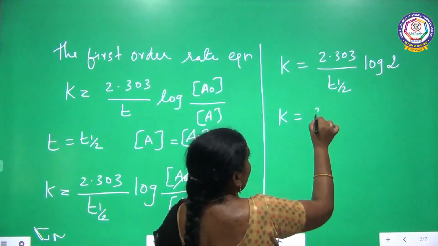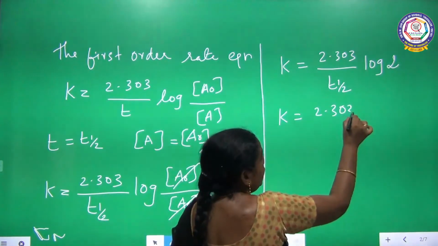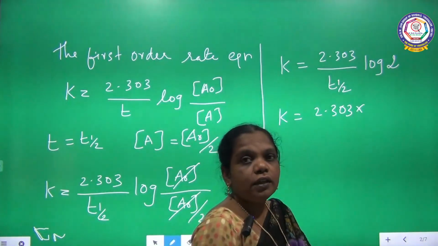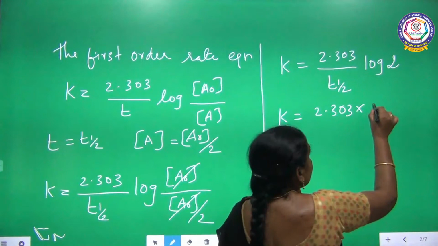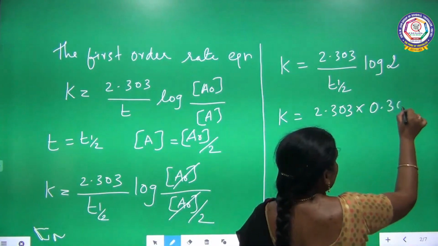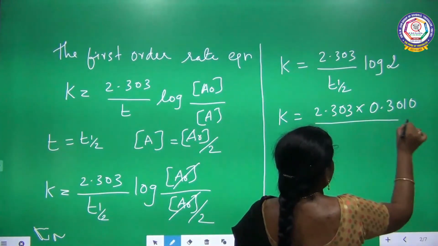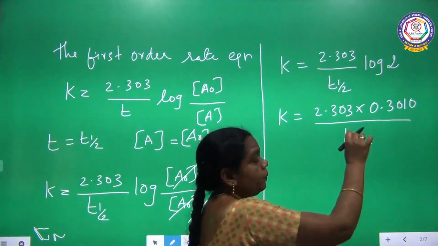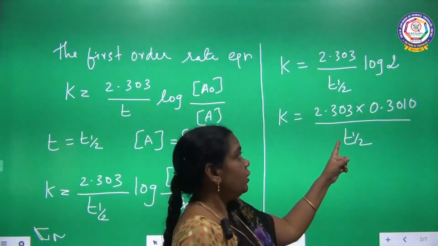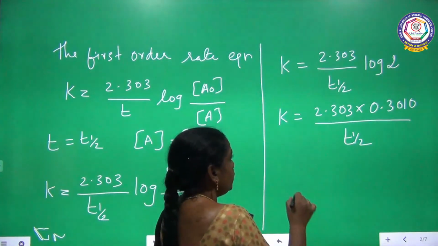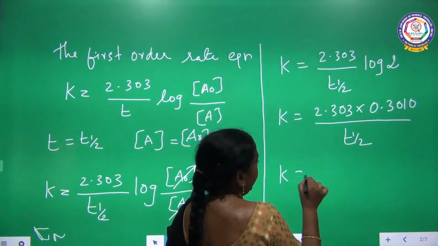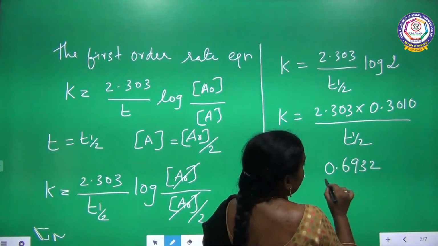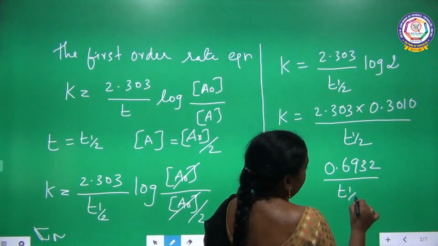Now, you can multiply this. k equals 2.303 into the value of log 2, which is 0.3010, divided by t half. If you multiply 2.303 into 0.3010, you are going to get 0.6932 divided by t half.